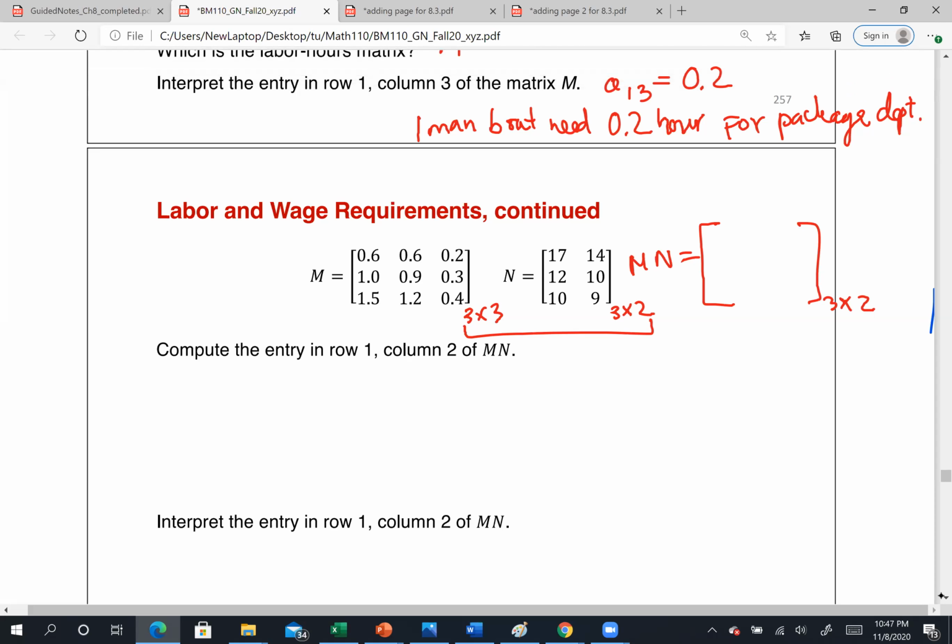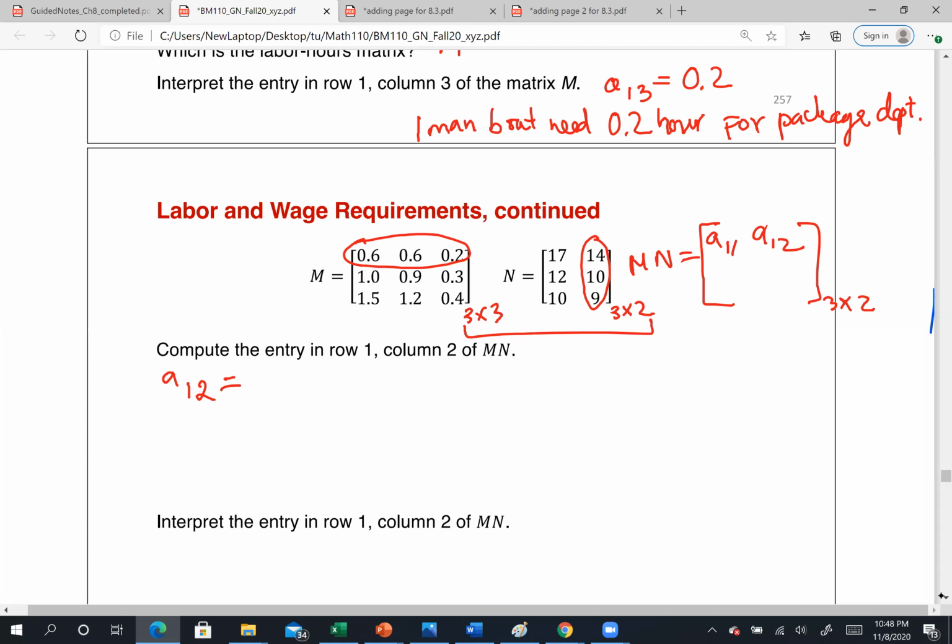Okay, now row 1, column 1, column 2. So it mean what? It mean A1,1, A1,2, right? So A1,2 will be equal to row 1 multiplied by column 2.